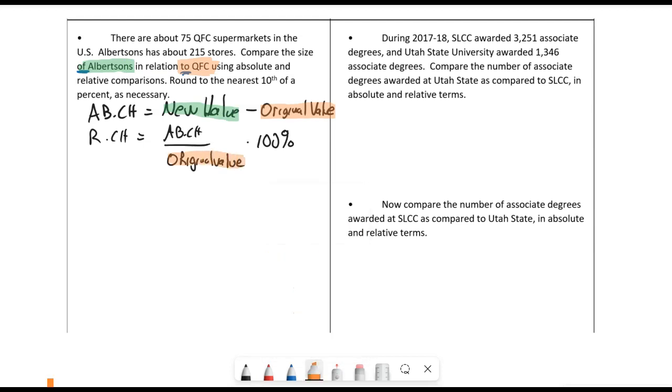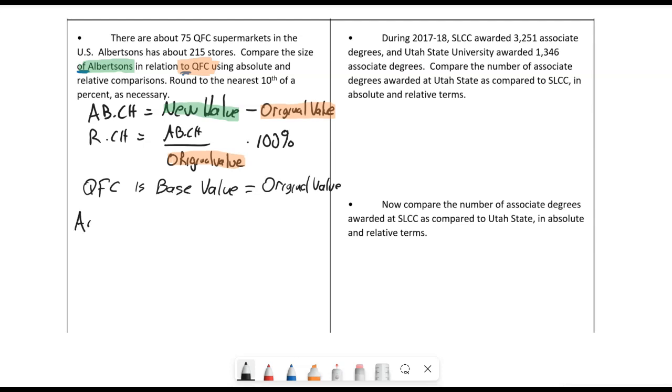So you have to look through your comparison and determine what you're comparing to. What you're comparing to is called the base value. So in this case, QFC is the base of your comparison, and that takes on the original value in the formula.